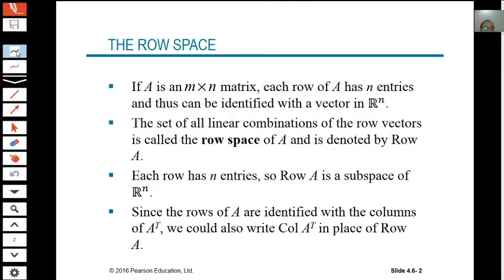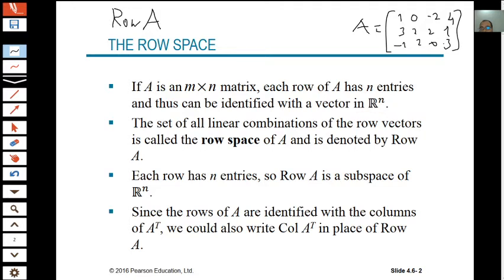We have another special space in this section, denoted by row A, and it is the set of all linear combinations of the row vectors of the matrix A. For example, we have here 1, 0, minus 2, 4, 3, 2, 2, 1, minus 1, 2, 0, 3.